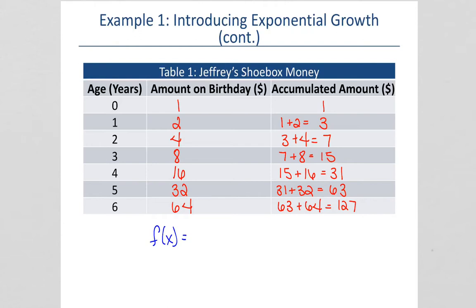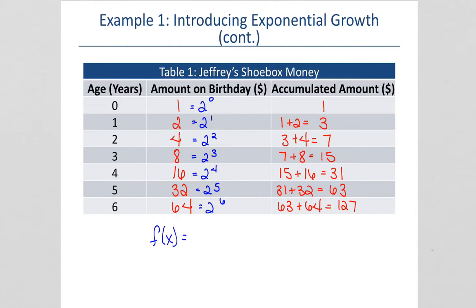Well, if you'll notice, I'm going to start with the 4. 4 is 2 squared, right? 8 is 2 cubed. 16 is 2 to the 4th. 32 is 2 to the 5th, and 64 is 2 to the 6th. And then if we go back, 2 is just 2 to the 1st power. 1 is 2 to the 0th power.